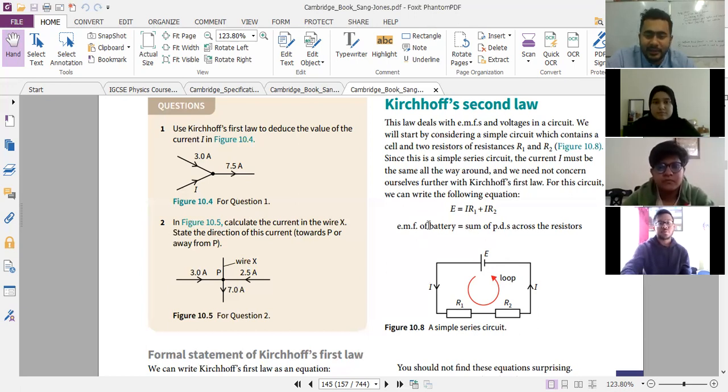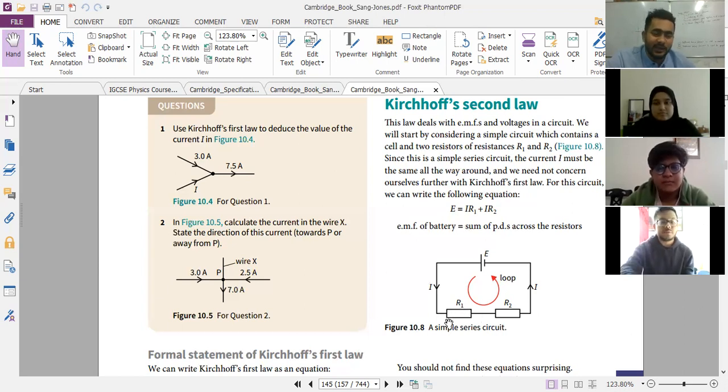Okay, here it says, look, E equals IR1. Why was IR1 written? Who can tell? Why was IR1 written instead of voltage? Sir, potential difference across resistance 1 and resistance 2. So why was IR1 written here instead of voltage? Sir, V equals IR. Very good, very good.